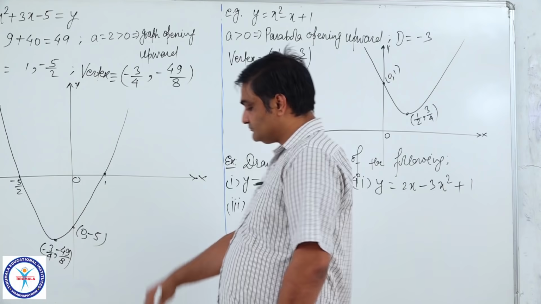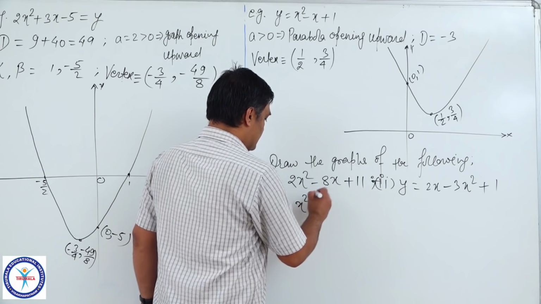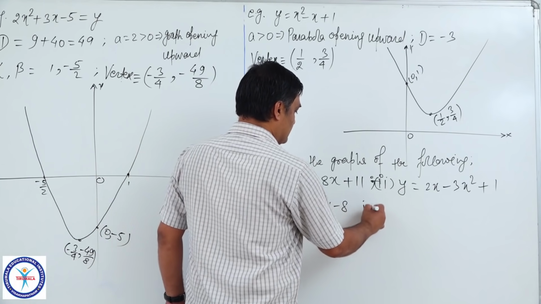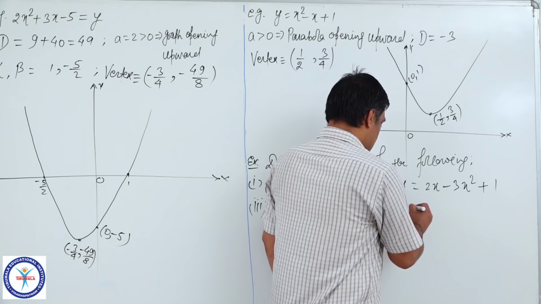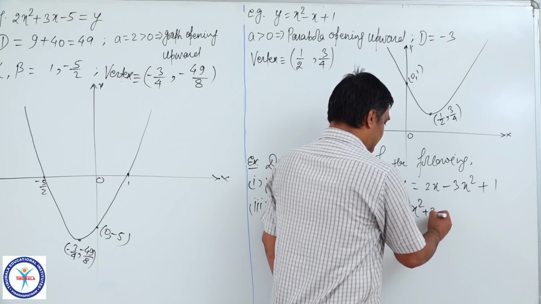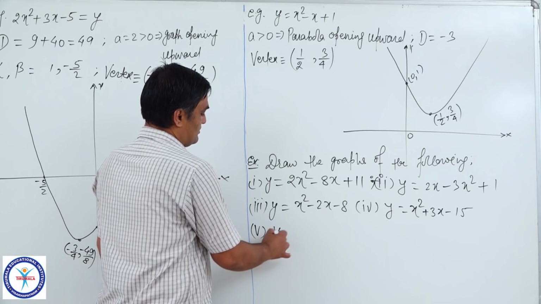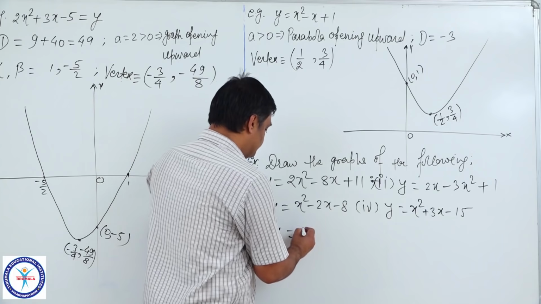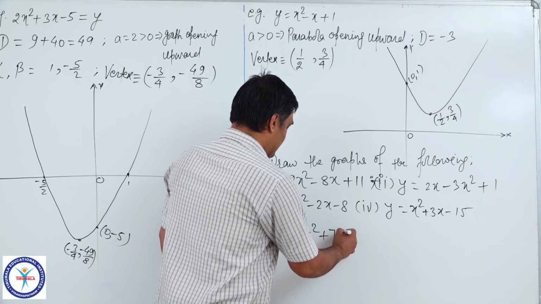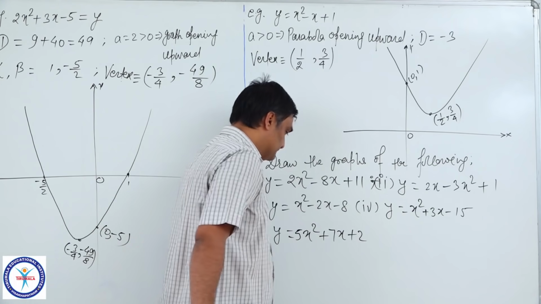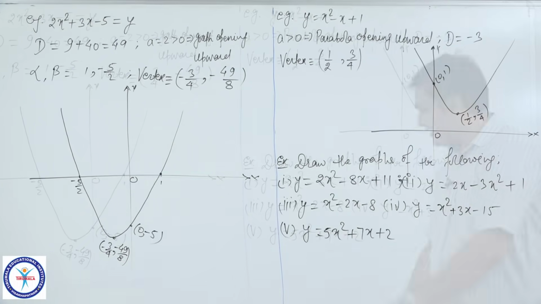Third, y equal to x square minus 2x minus 8. Fourth, y equal to x square plus 3x minus 15. Fifth, y equal to 5x square plus 7x plus 2. These 5 graphs you practice like this only. Okay.